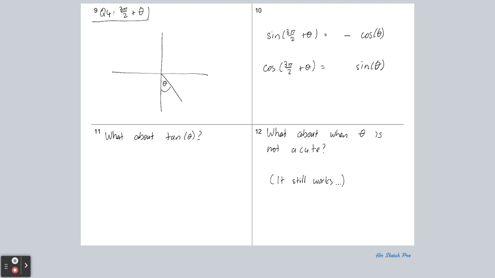Now, what about tan theta? Tan theta we haven't looked at, but if we needed to work out what tan theta is, we could do it fairly easily.